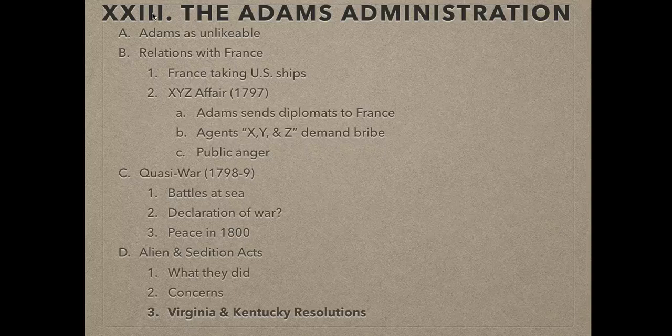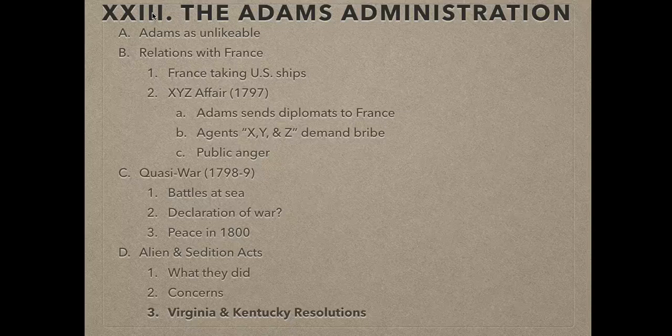And the reason that this is important is because in response to the Alien and Sedition Acts, we're going to see something called the Virginia and Kentucky Resolutions. So let me talk about them for a minute, and then I'll tell you what you want to write in your notes and why they're important.